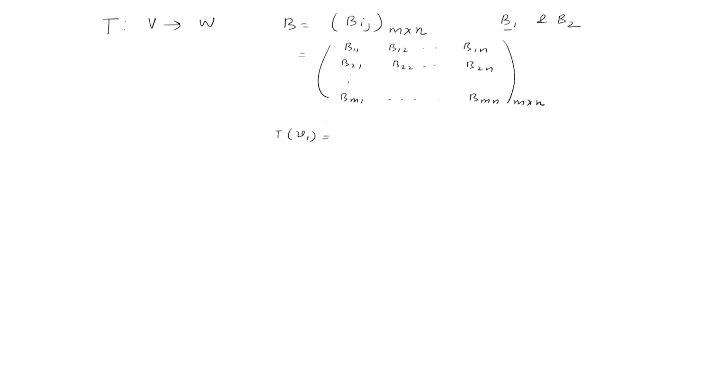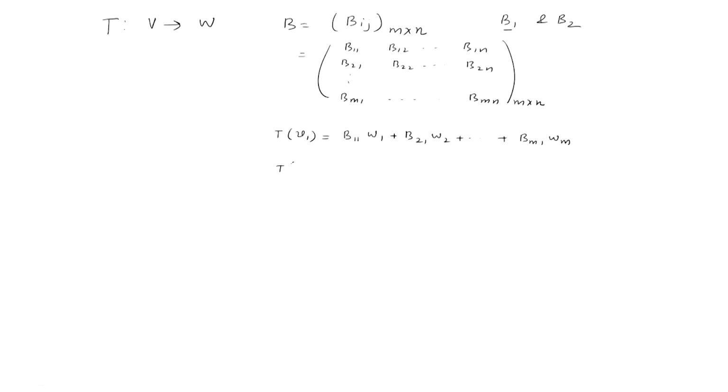We know that the coordinates of a vector are always in a column. So, T of V1 can be found as B11 of W1 plus B21 of W2 and so on up to Bm1 of Wm. The coefficients, all the Bij's, are known and the Wi's are known.